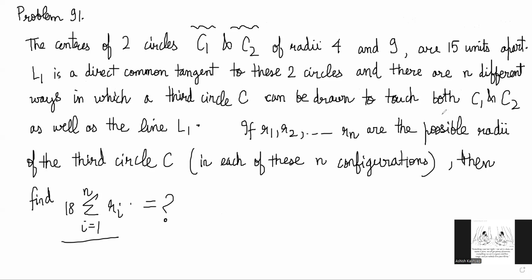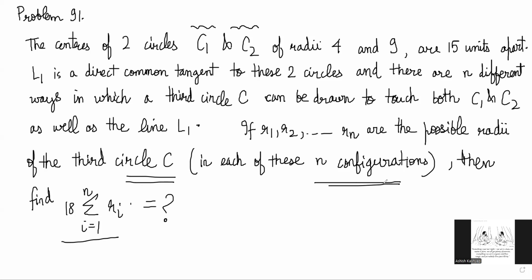So the third circle C has to touch what? It has to touch both C1 and C2, the first two circles, and it also has to touch the line L1, right? The radius of the third circle is R, and there are different ways in which the third circle can be drawn. That is what is meant by n configurations.